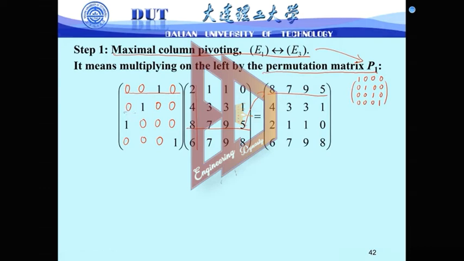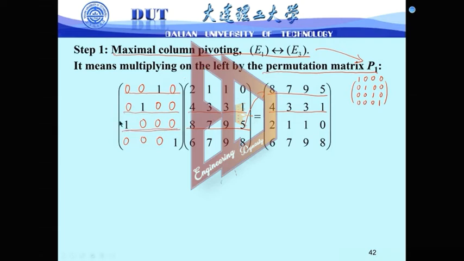And what happens for the second row? For the second row, we use the row 0 1 0 0 multiplied by each column. That means we just obtain the same second row, 4 3 3 1. Is it okay? Now let's check the third row. We use the third row multiplied by each column.